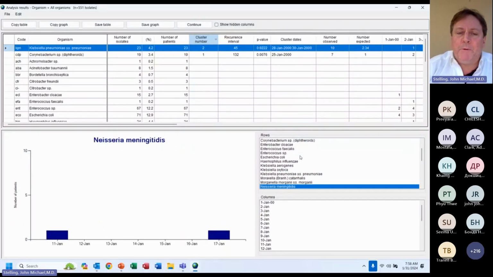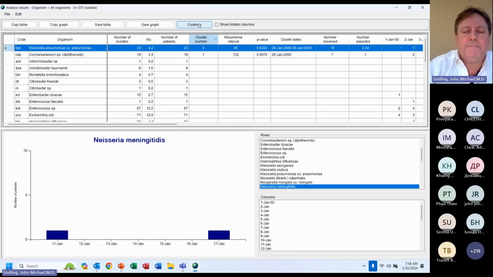So not only is it telling me which organisms have a statistically significant cluster, it's also telling me that these other organisms do not. So I don't want to ignore the other organisms completely, but I can pay less attention to them because there's nothing that is statistically significant. Of course, you can have a true outbreak that is not statistically significant, and vice versa.